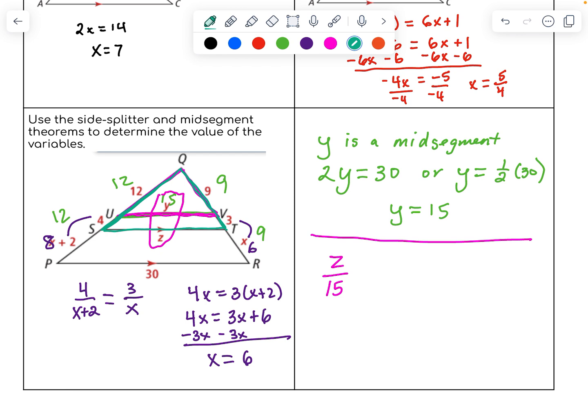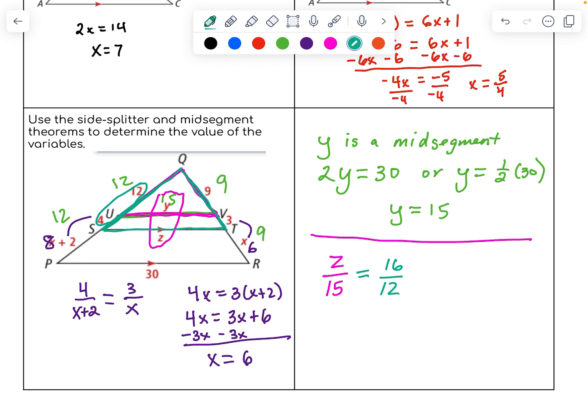So we got 15 to z, so bottom to bottom, and then you just got to pick one other. Okay, and if you think about it, you got to use this right here. If I did z first, 12 and 4 would make 16 to 12. That would be kind of how our relationship works.